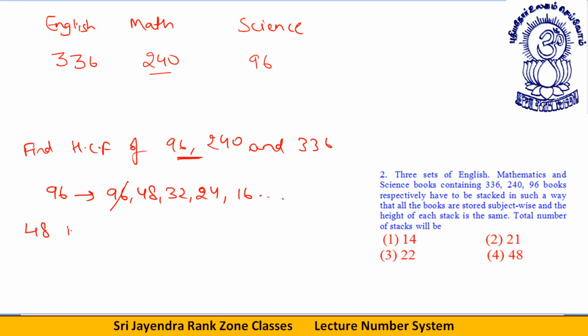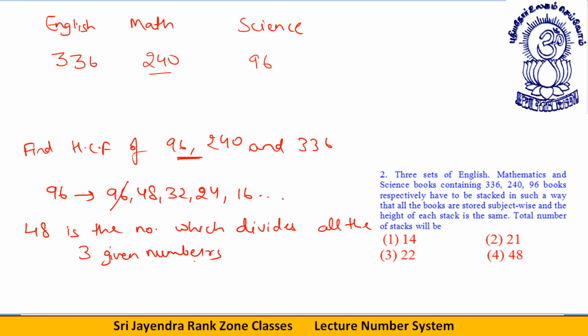Clearly 48 is the number which divides all the three given numbers. Therefore 48 is the HCF. Okay, so 48 is your answer.